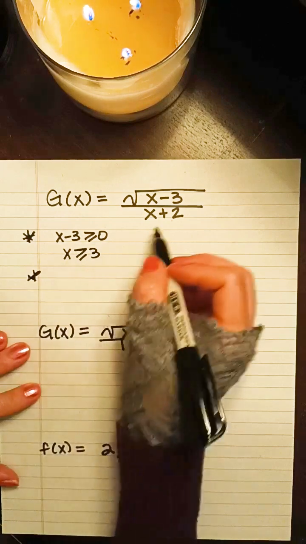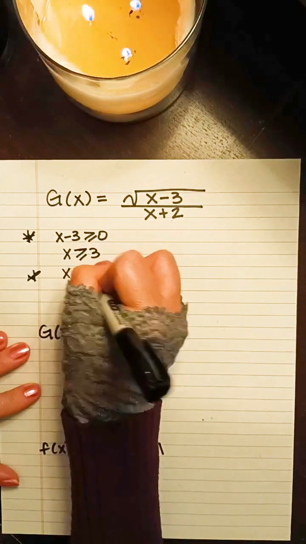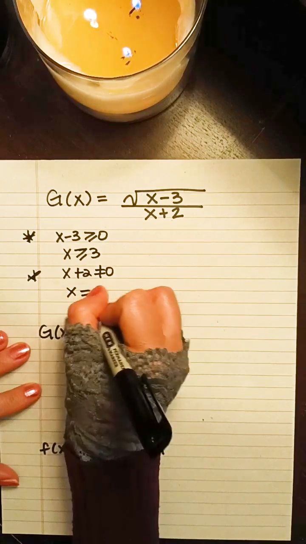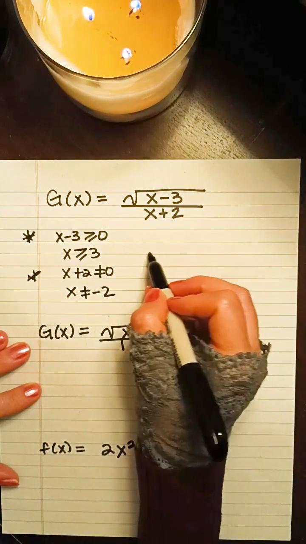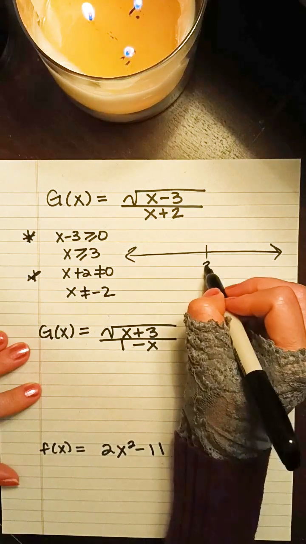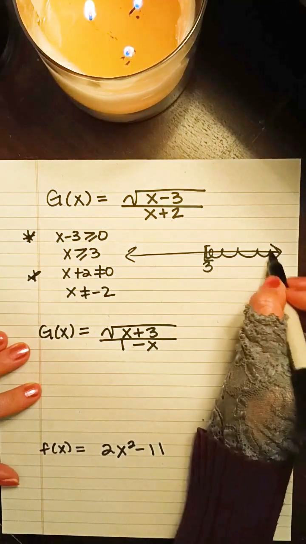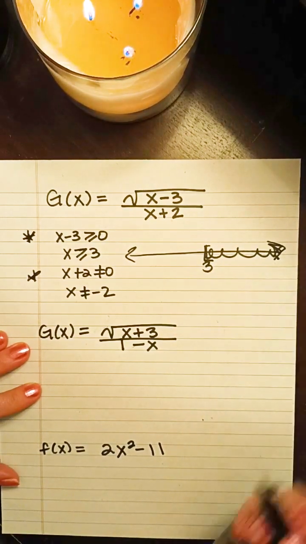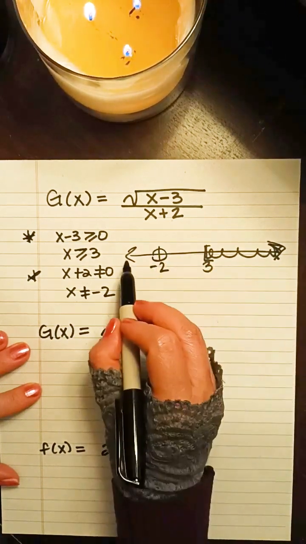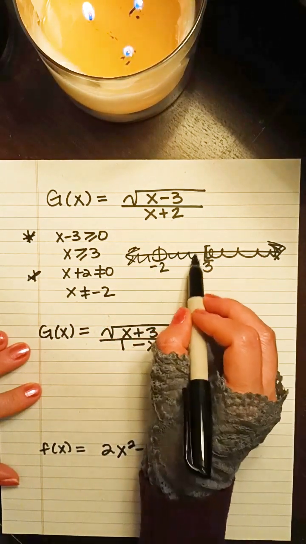And then I have to make sure that the denominator is not 0. So x can't be -2. So with the first one, if I draw it, x can be greater than or equal to 3. All of this. And this one, x can't be -2, but it can be everything else.